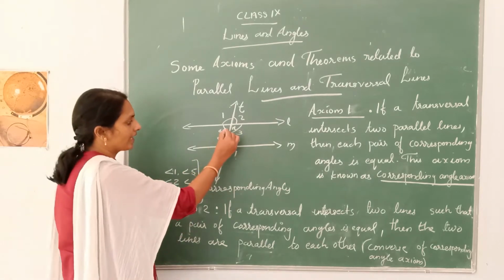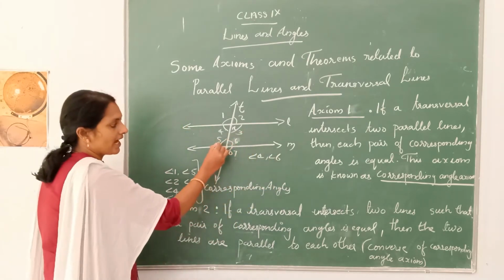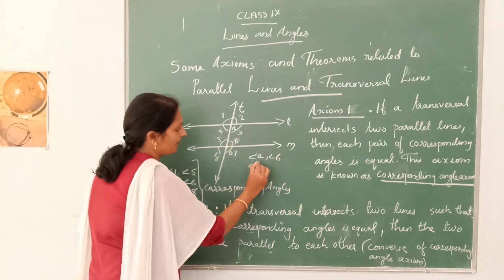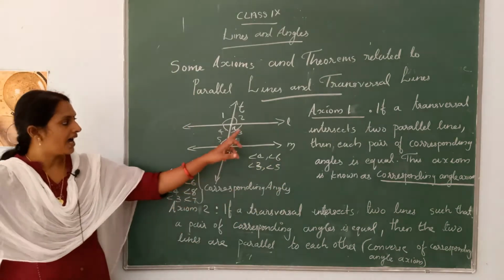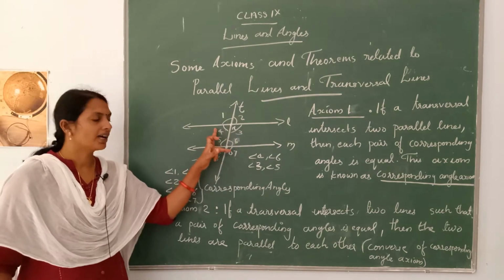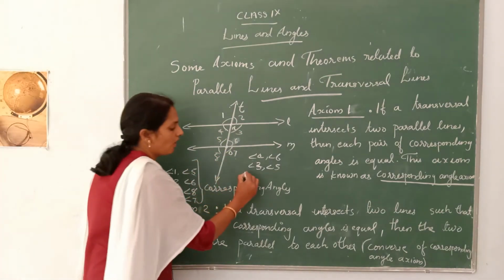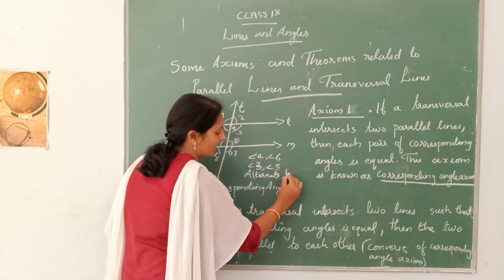And angle 4 and angle 6, angle 3 and angle 5 are called alternate interior angles.